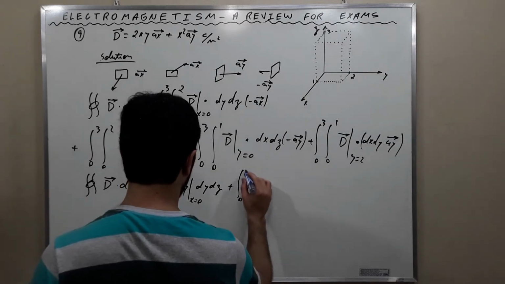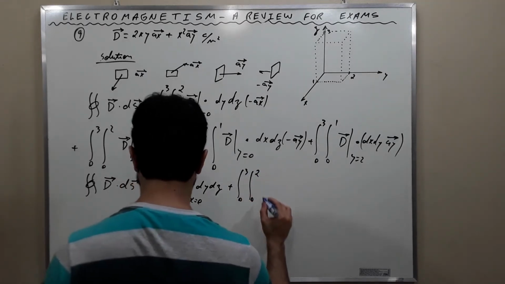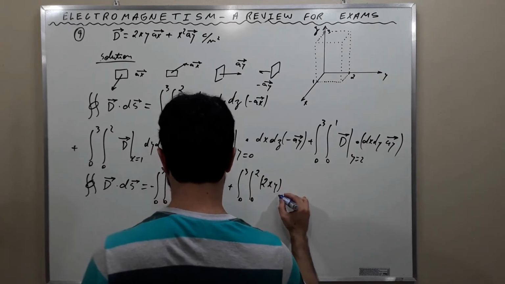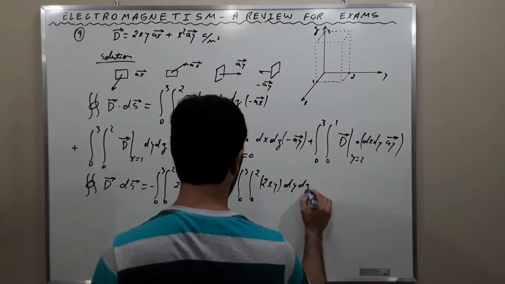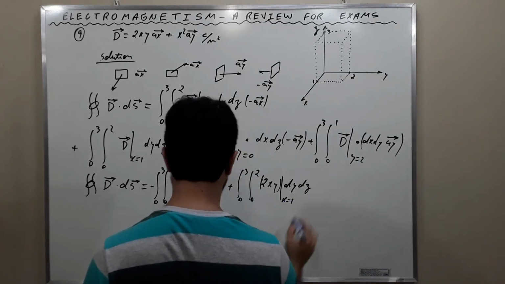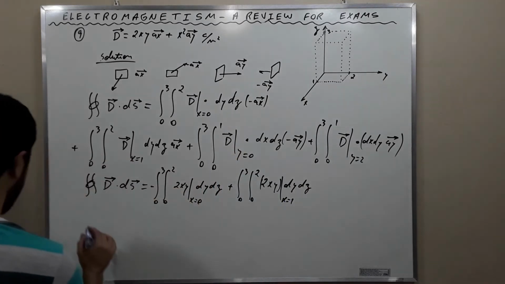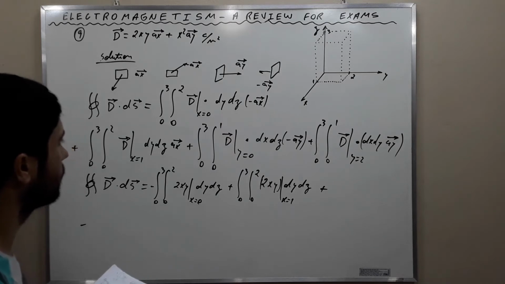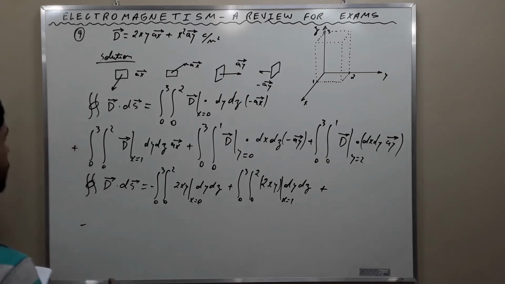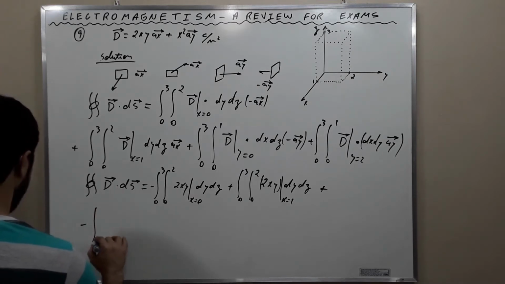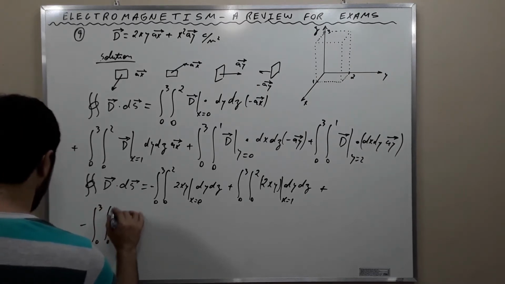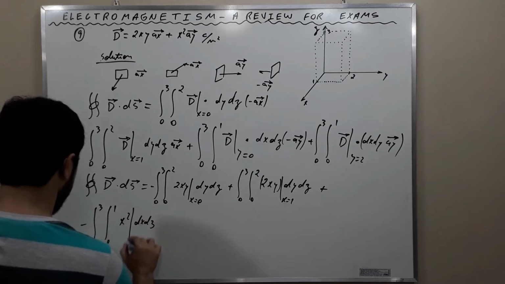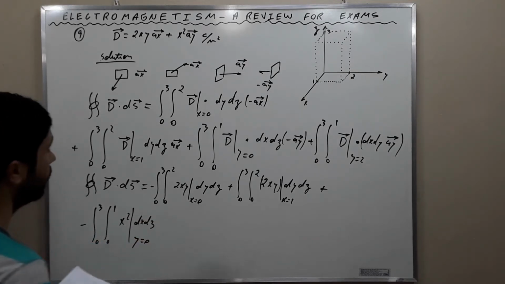The integral from 0 to 3 of the integral from 0 to 2 of 2xy dy dz for x equal to 1, plus the negative integral from 0 to 3, 0 to 1, of x squared dx dz for y equal to 0, okay?